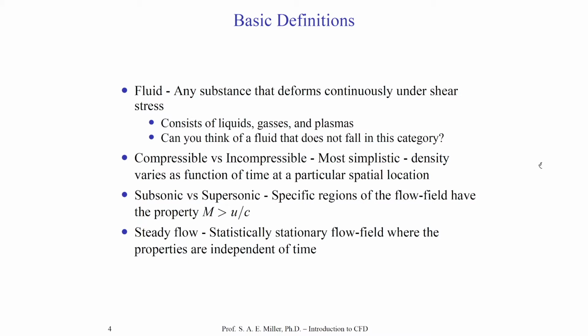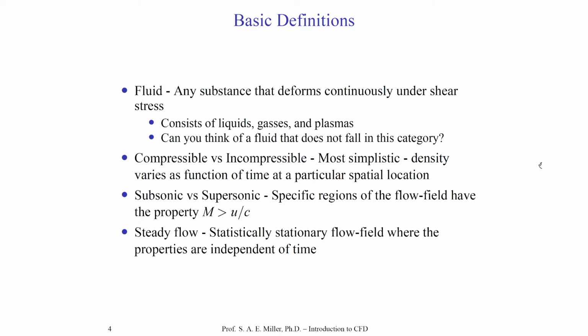This is a very simple explanation, but mathematically it's much more complicated, and it can be shown that incompressible flows follow certain assumptions of Euclidean geometry. In the most simplistic sense, if the density varies as a function of time at a particular spatial location, this will be seen as a compressible flow in terms of the mechanics of the computational solver.